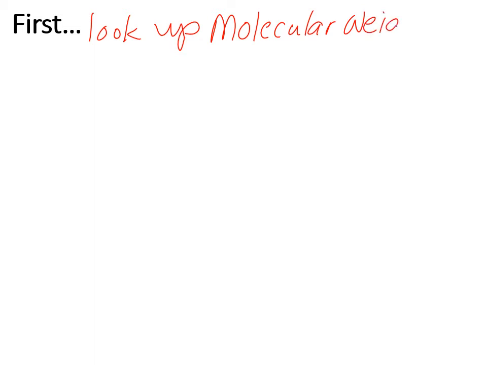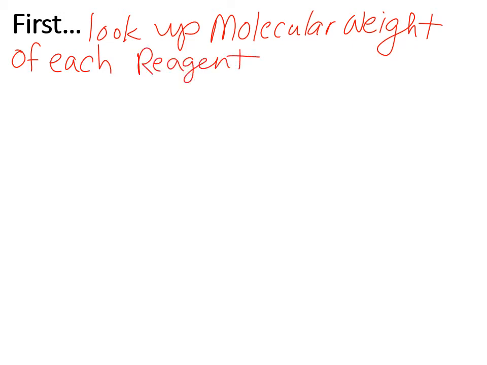Okay, so we're going to go through this step by step. Like I said, first you would normally, because I gave it in the problem, but I always want you to write it down, that first you would look up the molecular weight of each component. So I'll call them reagent, of each reagent.